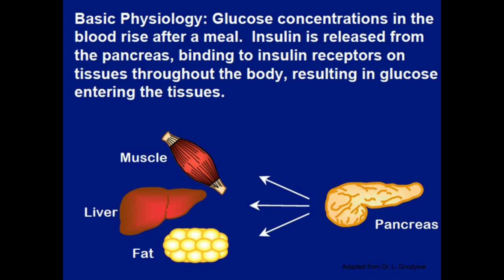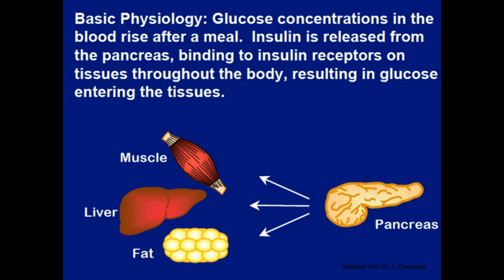Insulin binds to receptors, which are on different tissues, and most important are muscle, liver, and fat. And insulin is like the key that opens up those tissues to allow glucose to go in. So insulin's going to go up, allow glucose to go in, and then the glucose levels go down after you've consumed the meal. And in a normal, healthy, functioning body, this works very well to control your blood glucose levels in a very tight range.